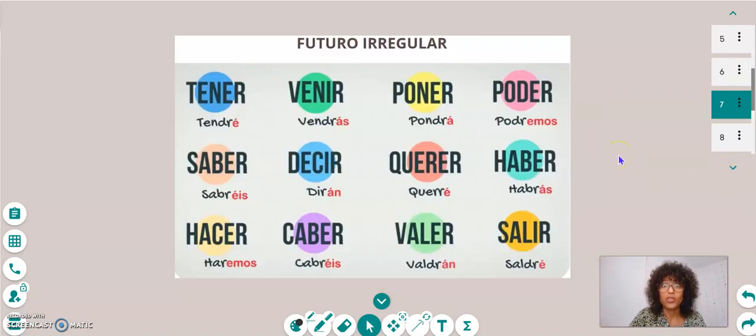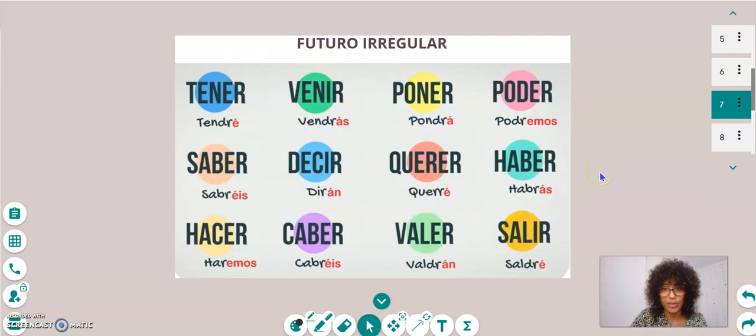Afterwards, irregular conjugation, right? It's important for them because they do know that in Spanish, for example, we do have many different irregular verbs, right? But, and this is something that most of the time I do, I just say that in Spanish, at least in the future tense, we only have these 12 irregular verbs.